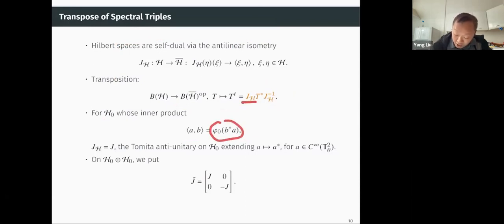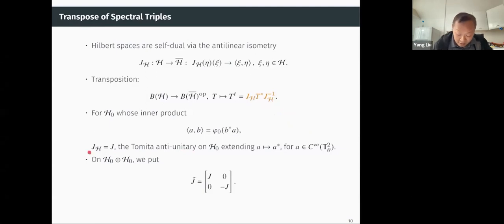This J_H is the Tomita anti-unitary, but not the Tomita anti-unitary I mentioned before. That one I call J_phi, the anti-unitary corresponding to phi. Now this is the anti-unitary corresponding to phi_0.